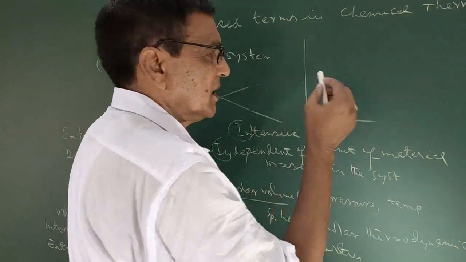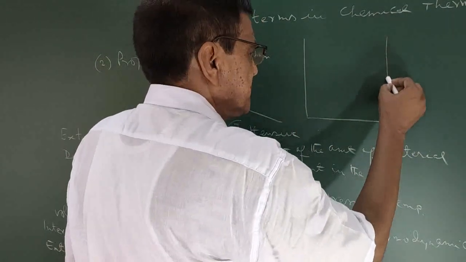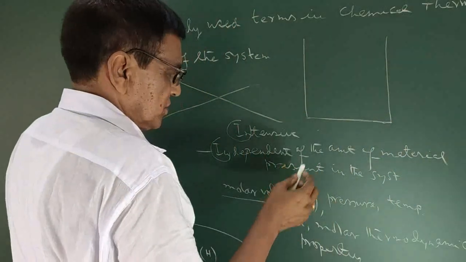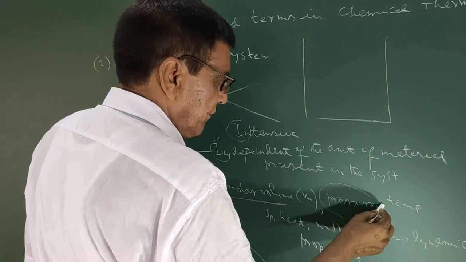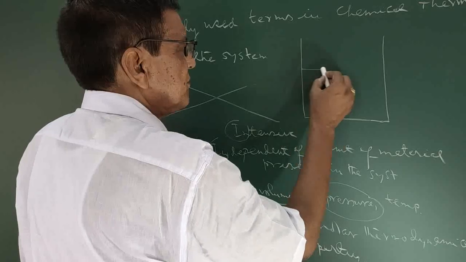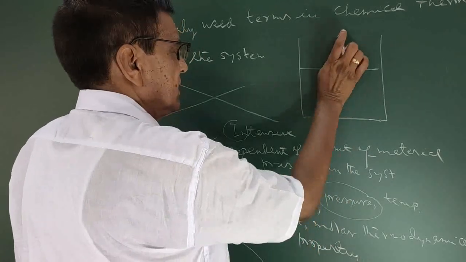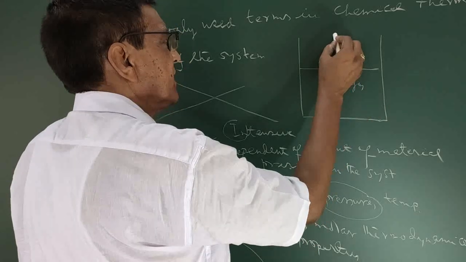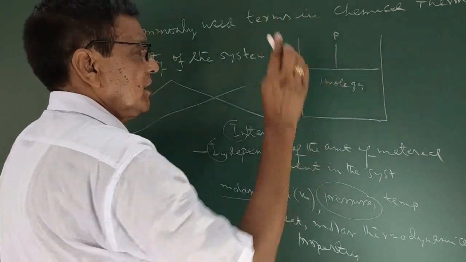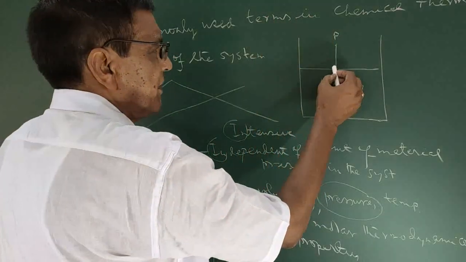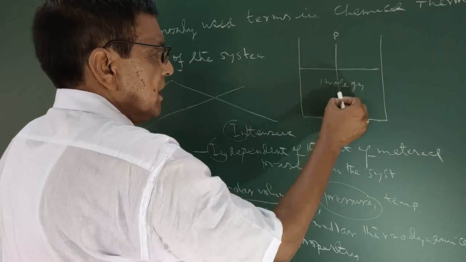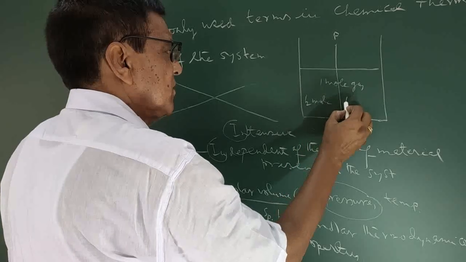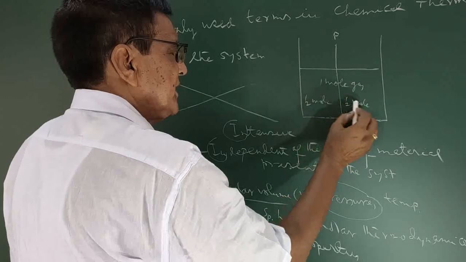And one way to distinguish between intensive and extensive, let us consider pressure, which is very puzzling to classify. Suppose some gas, say 1 mole of gas, is present, and this gas gives a pressure P. If we divide this system into 2 halves, then there is half a mole of gas in each chamber.